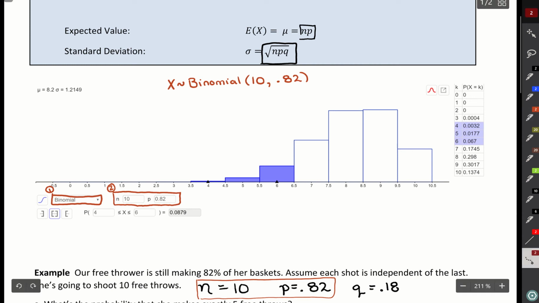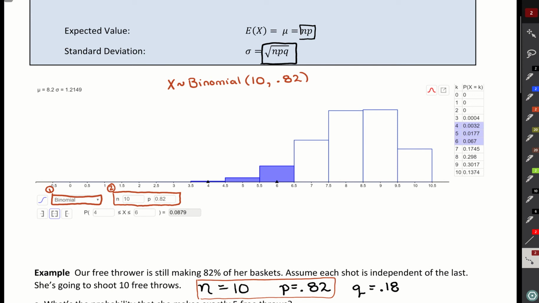Looking at this picture here, just looking at the graph, the height of the bars relates to the probability of certain events. If she's throwing 10 free throws and she has an 82% chance of making them, we would expect her to have a high number of baskets coming through.